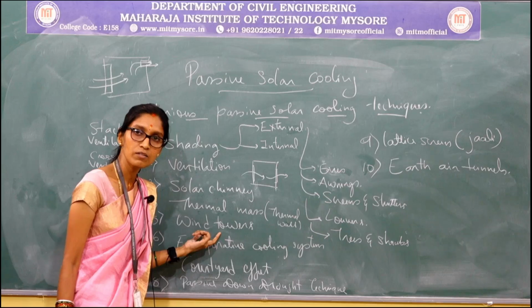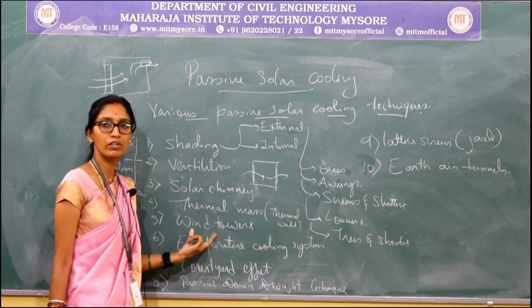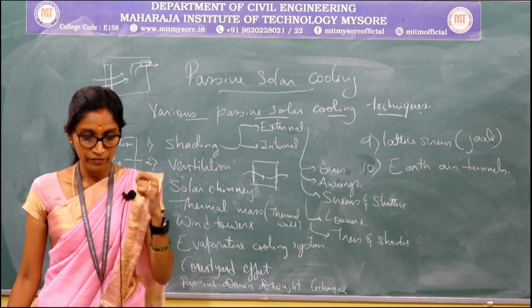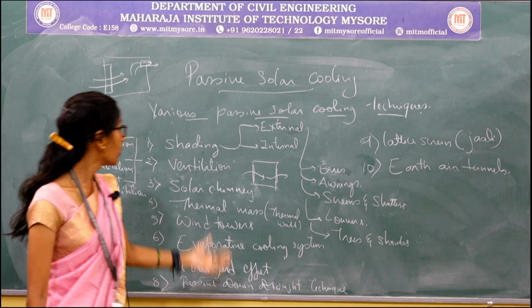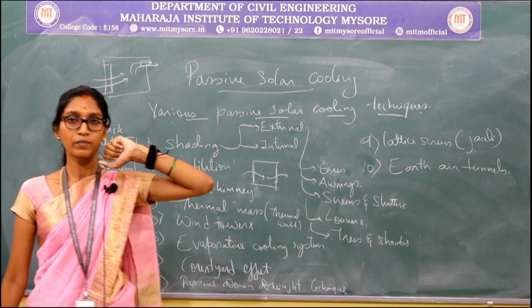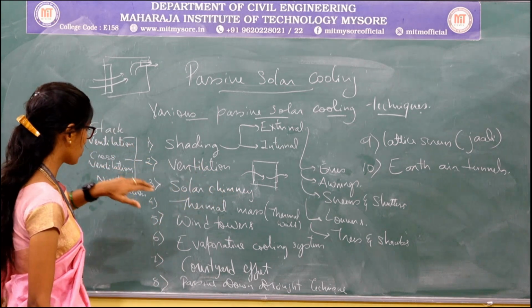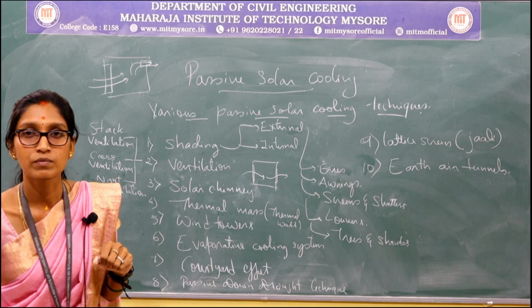So now the next technique is the wind towers. How are the wind towers going to help in passive cooling of a building, right? What do you mean by these wind towers?